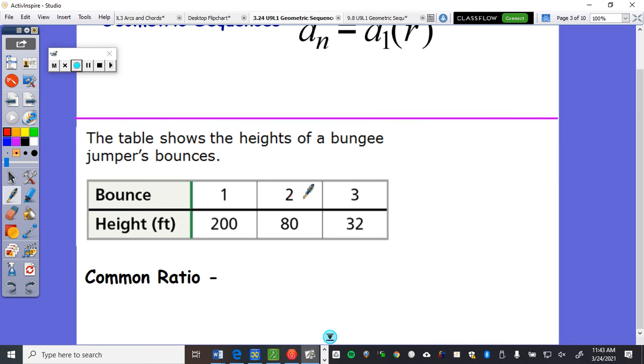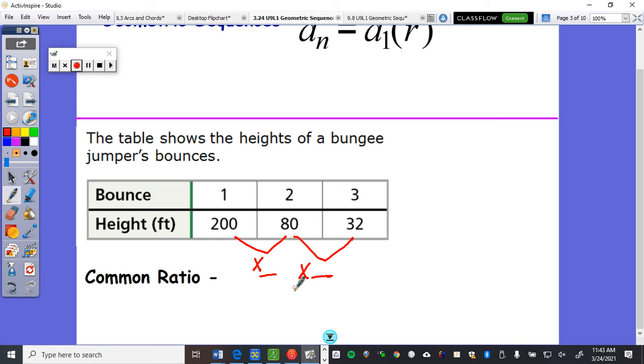This is the table that talks about the bounce off of the jump. First bounce 200 feet, second bounce 80 feet, third bounce 32 feet. So what am I doing each time? You have to ask yourself, what am I multiplying by each time?